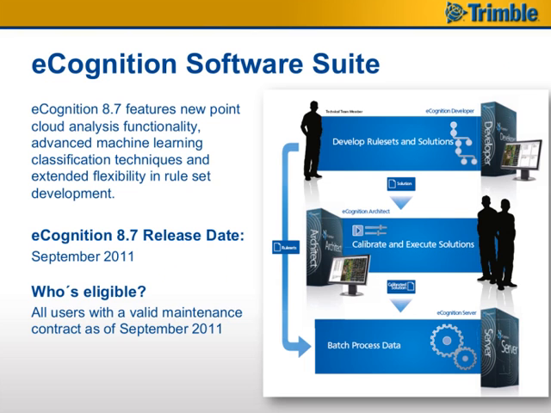The three eCognition software components can be used standalone or in combination. A typical production combination is that an image analysis specialist creates a solution in the eCognition Developer environment, and some professional colleagues can calibrate the solution in the eCognition Architect environment to solve an image analysis task and submit the calibrated solution to the eCognition Server, and the eCognition Server will process the data and give the results back to the Architect users.